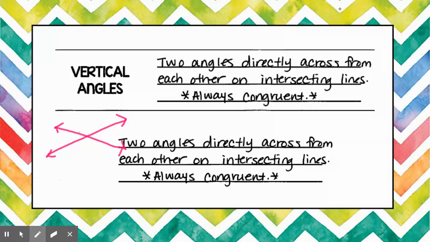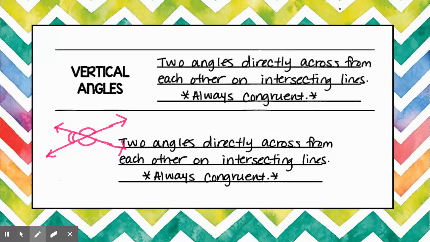That means that this angle is congruent to this angle. And this angle is congruent to this. So now this is another mark that is known to indicate that they are congruent. So with one arch, these two are a set that are congruent to each other.